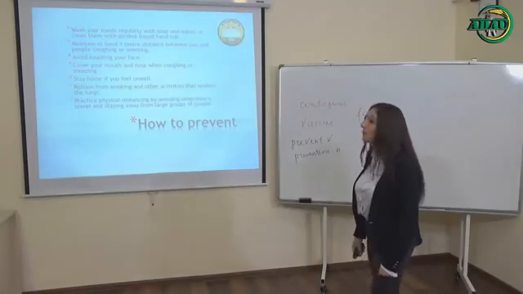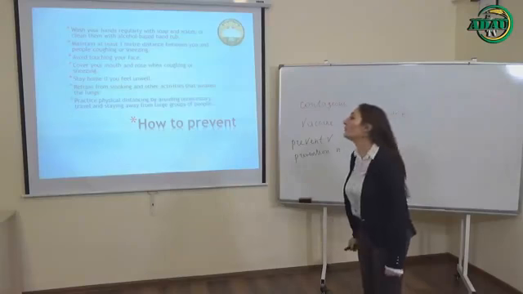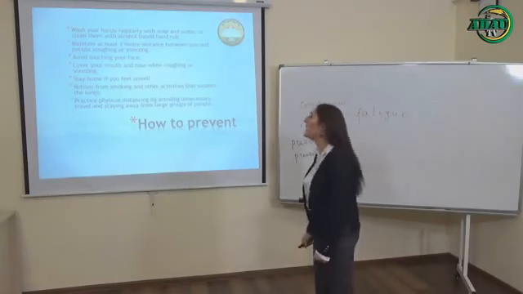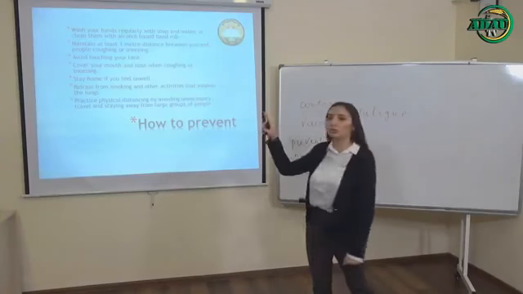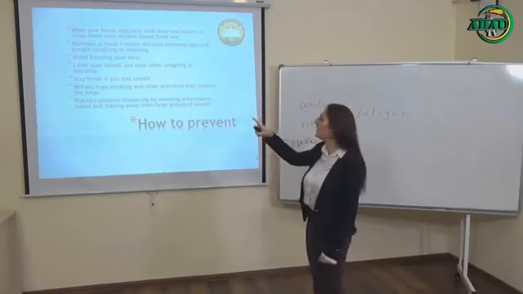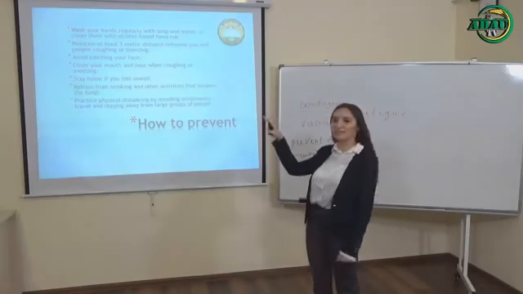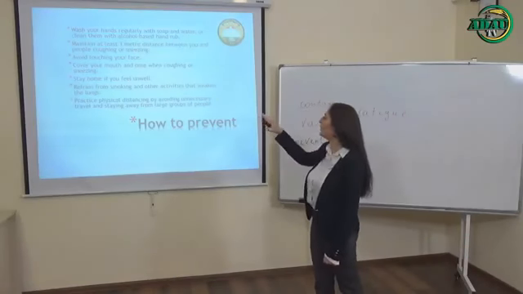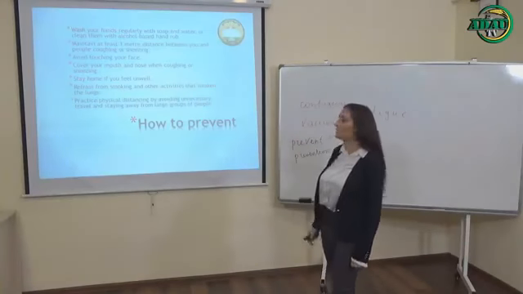Stay home if you feel unwell. Refrain from smoking and other activities that weaken lungs. You shouldn't do it. Okay. Refrain from smoking. And practice physical distancing by avoiding unnecessary travel and staying away from large groups of people.